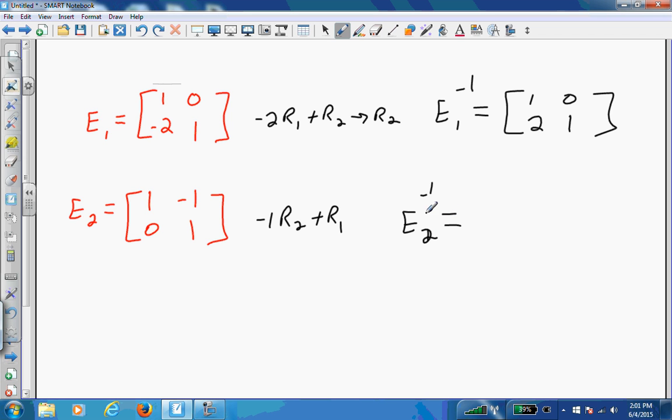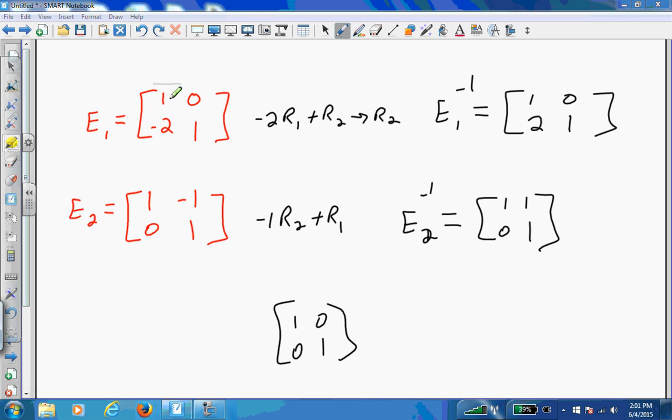The inverse of this one would be to do plus 1 of the second row, so the second row plus the first row. So if we think about our identity, our second row isn't changing, but if we do our first row plus our second row to get our new first row, we have that. So basically, on this one, the part that's different from the identity is that.